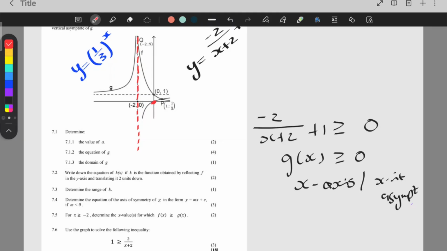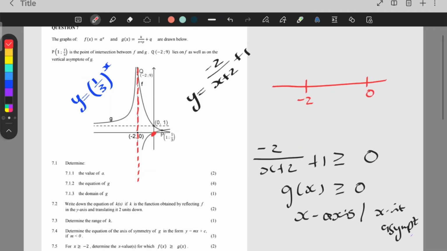We can see it goes through 0 and 0. So on my number line, I'm going to have the asymptote and the x-intercept. On the hyperbola, I'm going to move from left to right. From here to the asymptote, is the graph above the x-axis or below? It is above, so plus.